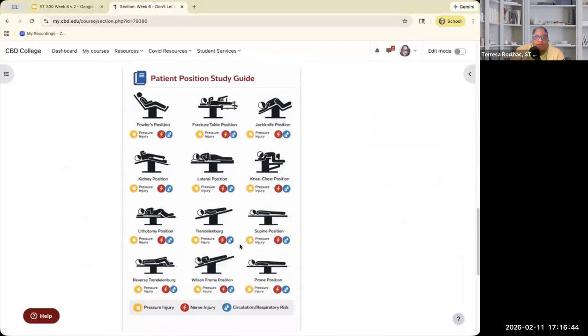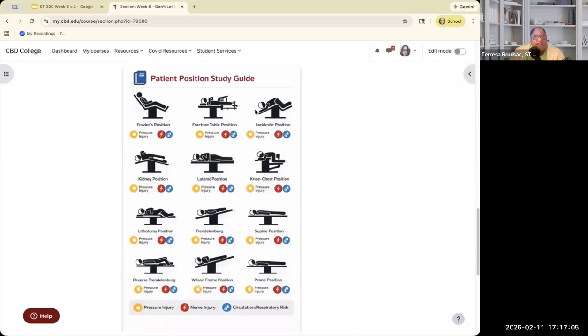We go down. Okay. So when we look at this, it tells you that in every single one of these positions, there are pressure injuries. I want you to look and see where those pressure injuries would be. There are nerve injuries too.